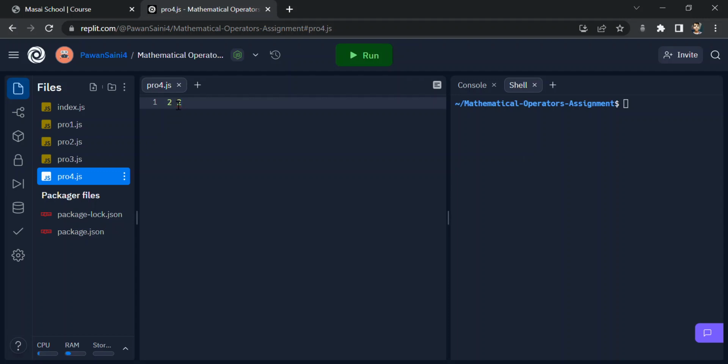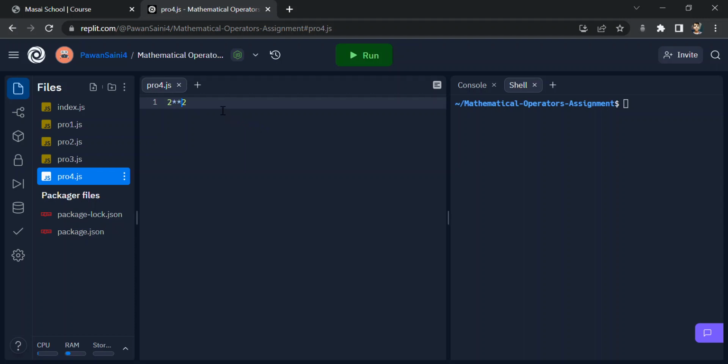But we cannot do the same thing in a programming language. So what we do here is put a double product sign between them, and this increases the power of the number.